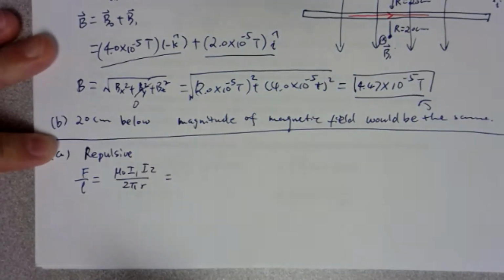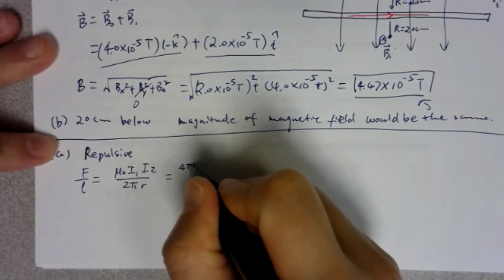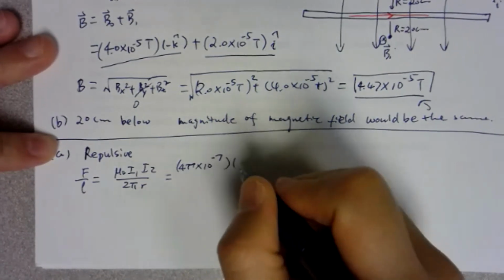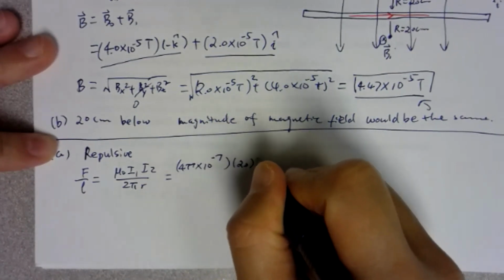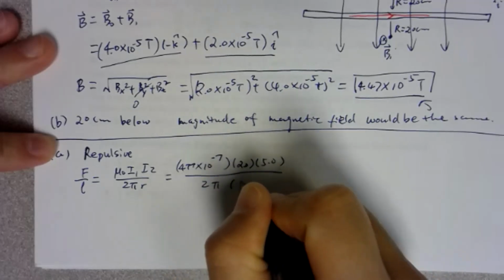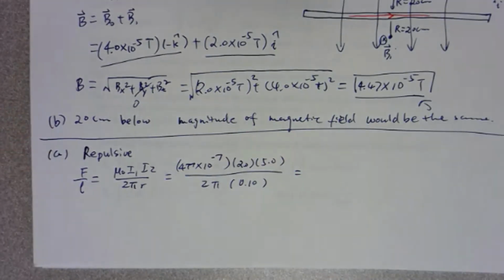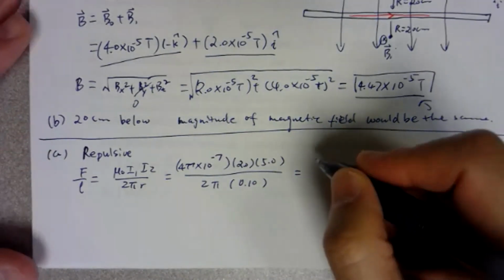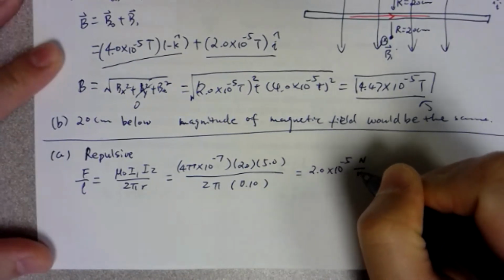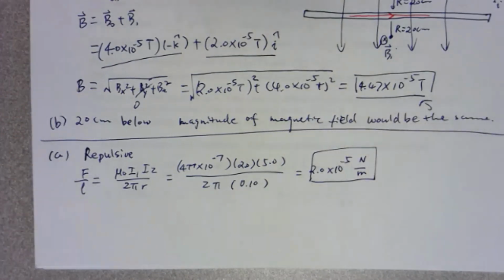This will give you force per unit length, F over L. So 4 pi times 10 to the minus 7 in SI units, times 2 times 5 divided by 2 pi times 10 centimeters, which is 0.1 meters. So this will give you 2.0 times 10 to the minus 5 newtons per meter, because this is force per unit length.